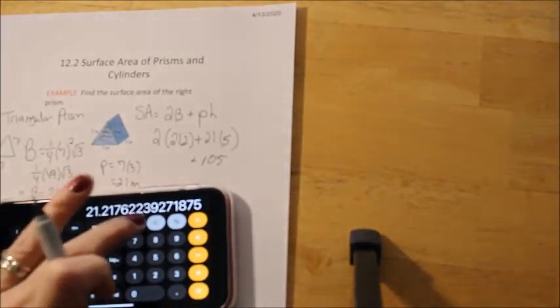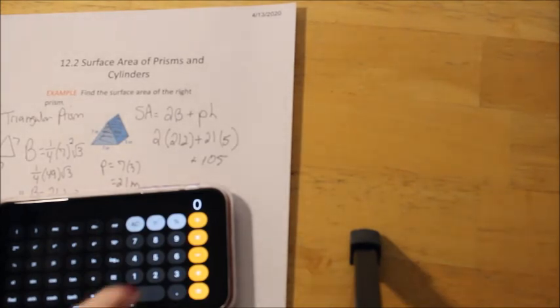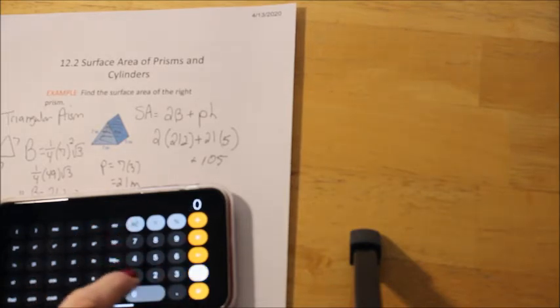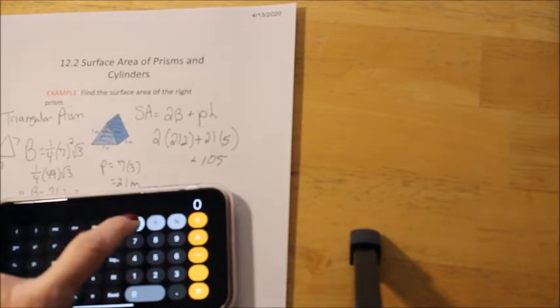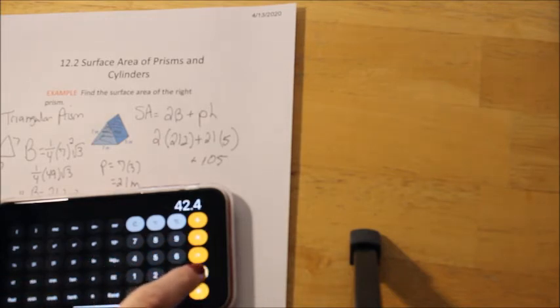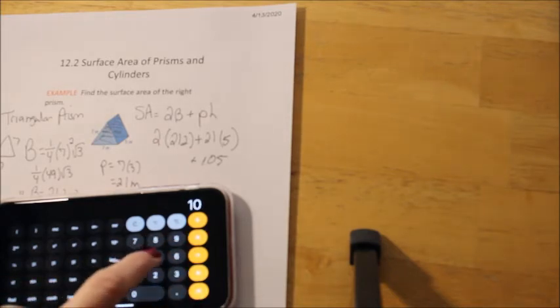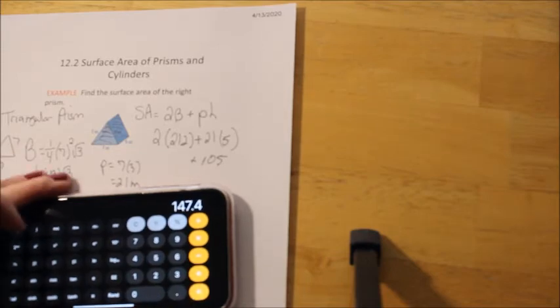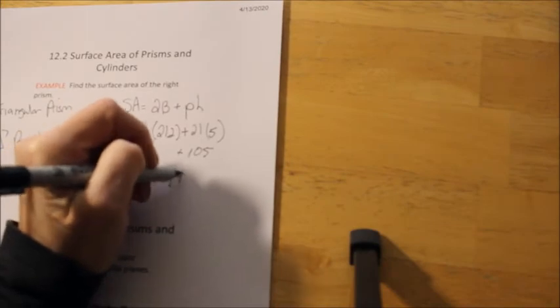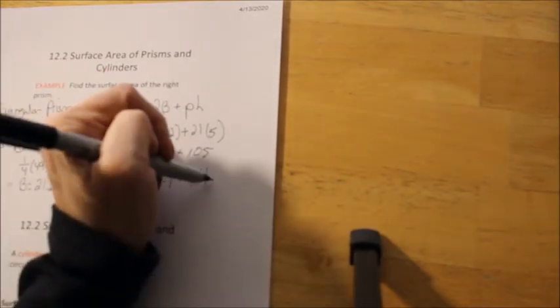So 2 times 21.2 plus 105. I got 147.4. And there's your surface area, and that would be in terms of meters squared.